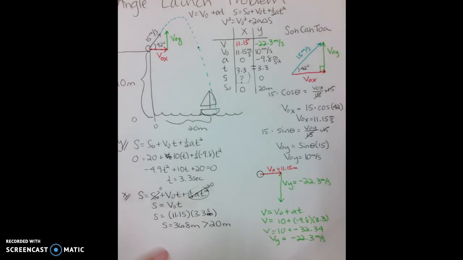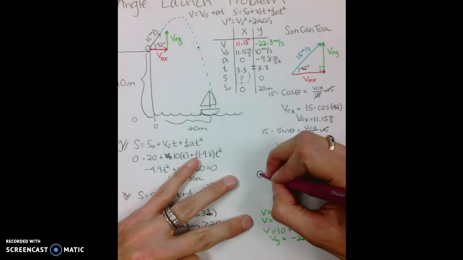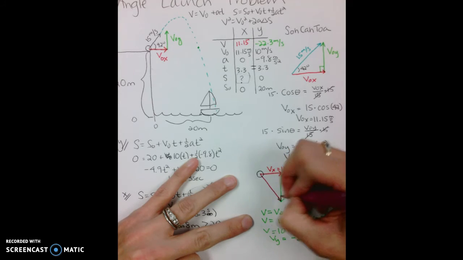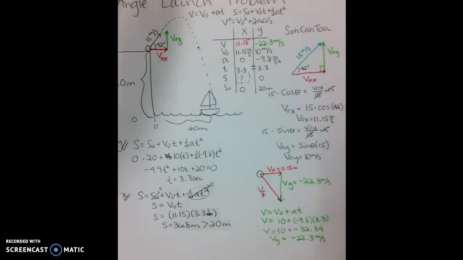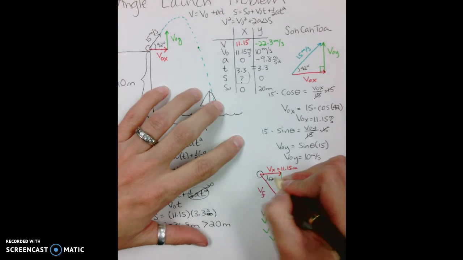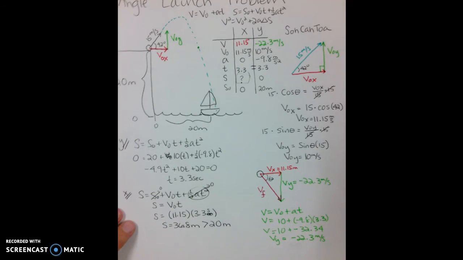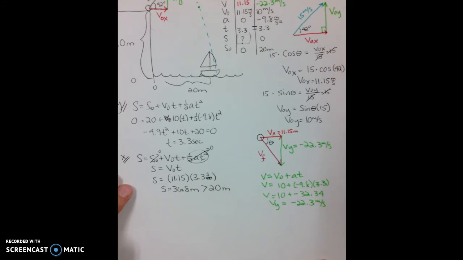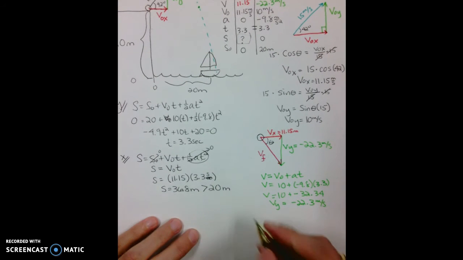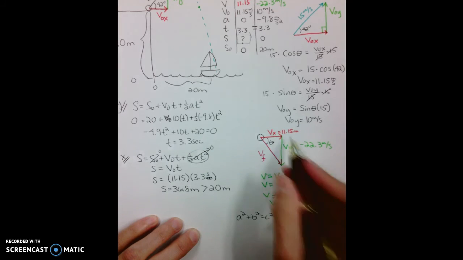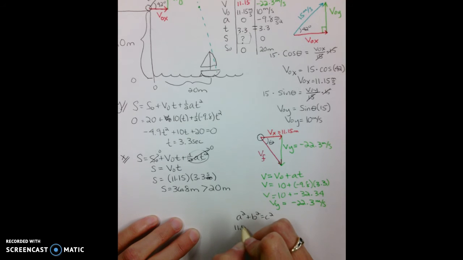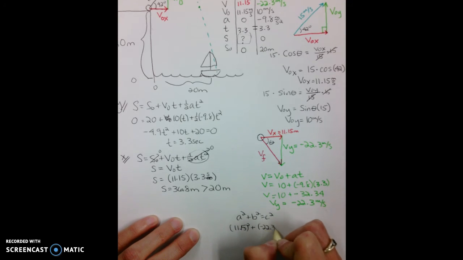But remember, the actual overall final velocity is this hypotenuse of the triangle here. And the angle associated with it is this. So I can use Pythagorean theorem to find out what that final velocity is. So I'm going to do a squared plus b squared equals c squared. And so I have 11.15 squared plus negative 22.3 squared is equal to c squared.